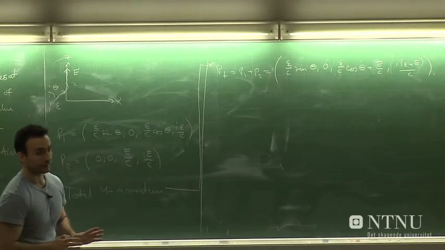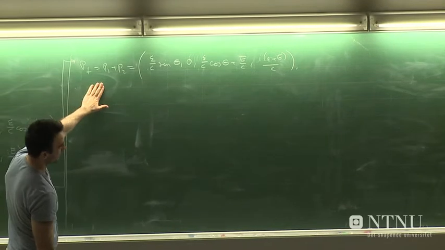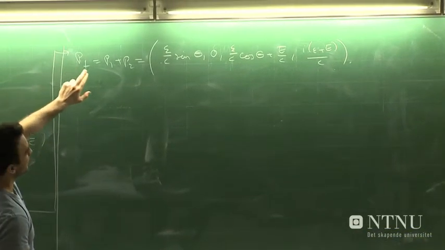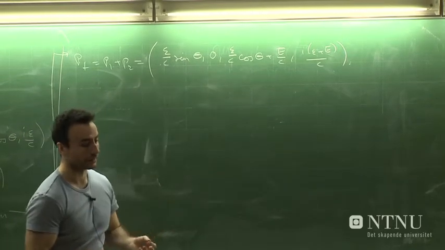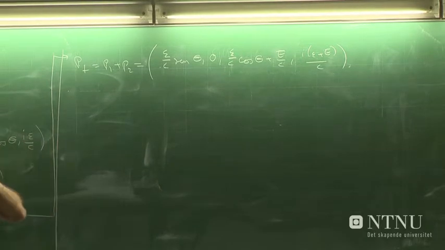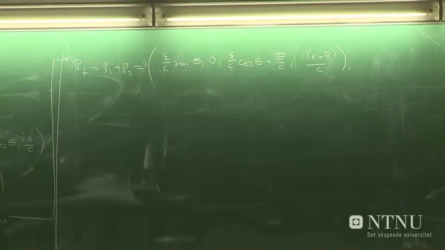Now I can accomplish this simply by choosing an inertial system, a reference frame, where the three first components of this total four momentum vector are along one axis. So I'm just rotating my system. But I have to be careful because I have to do this in a way so that the square of the four momentum is an invariant quantity.